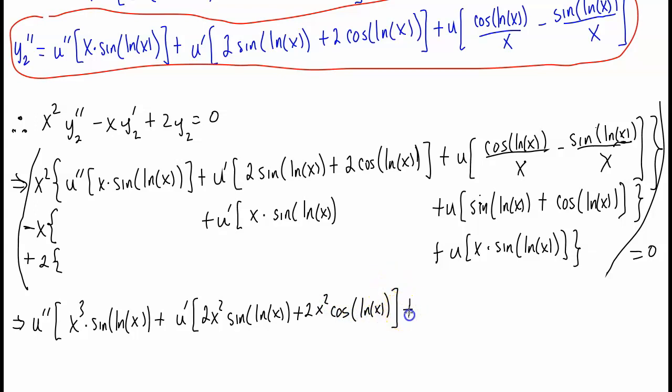Close that. And then here, notice that we have x squared, and then in both of these terms, we're going to have an x in the denominator. So that's going to be a net x in the numerator. So this would be u times x times cosine of natural log of x minus x sine of natural log of x. Okay.